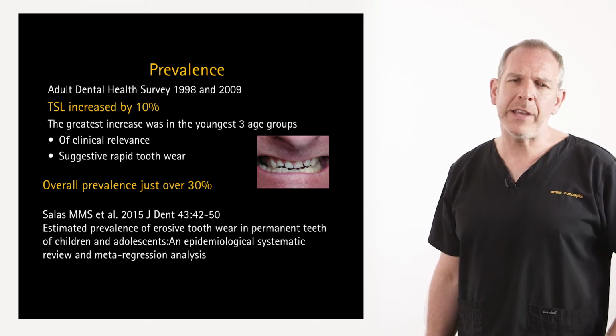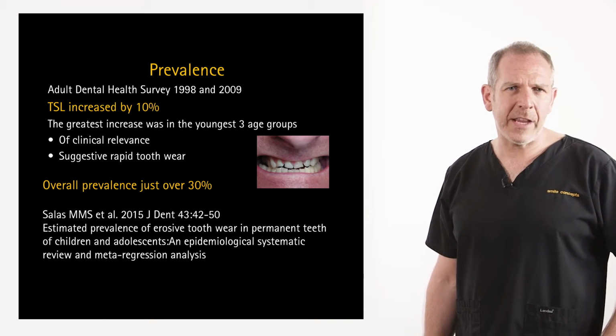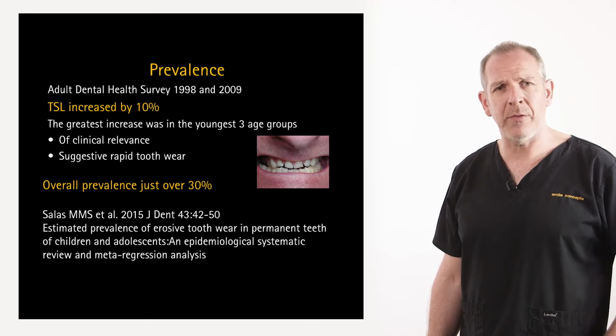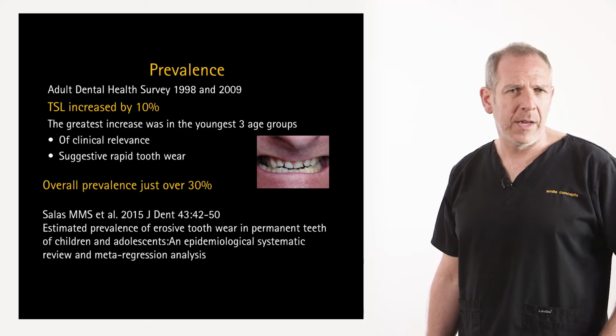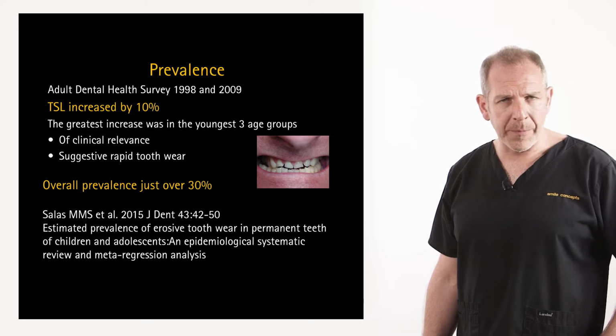So as things progress over the next few years and decades, tooth surface loss, I think, is going to be the next major restorative challenge. Periodontal disease, being largely genetic, will remain stable at current levels. In terms of caries, this is likely to stabilize and drop.